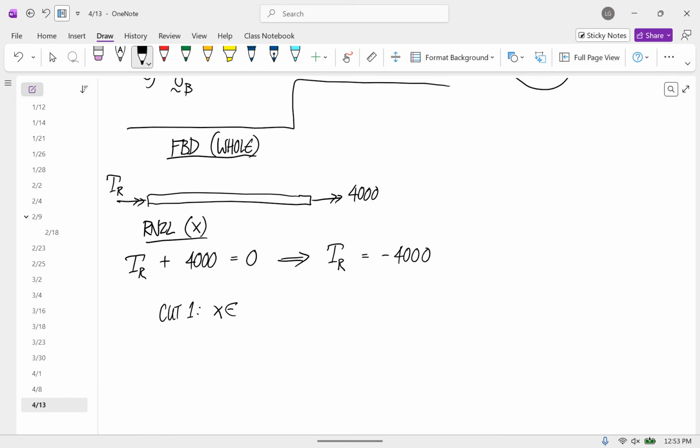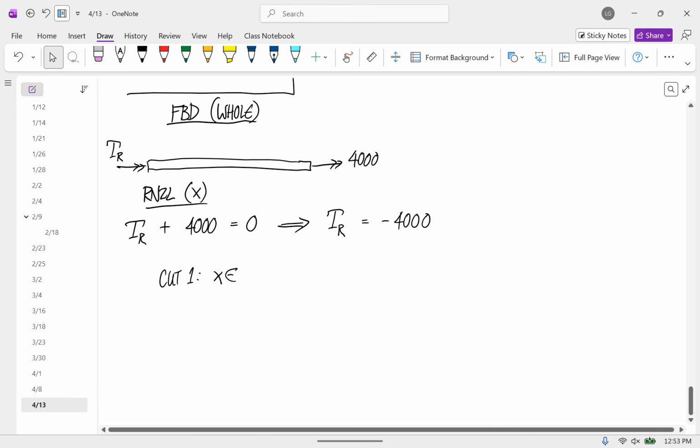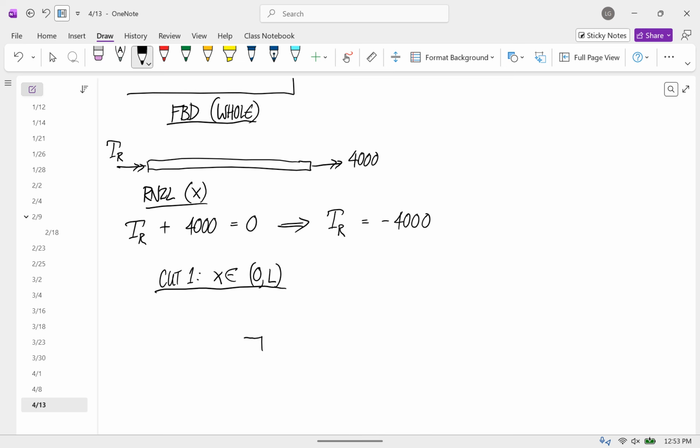So X is, I didn't even say how long this is, the whole length. And so we have our 4,000 this way, our internal torque this way.